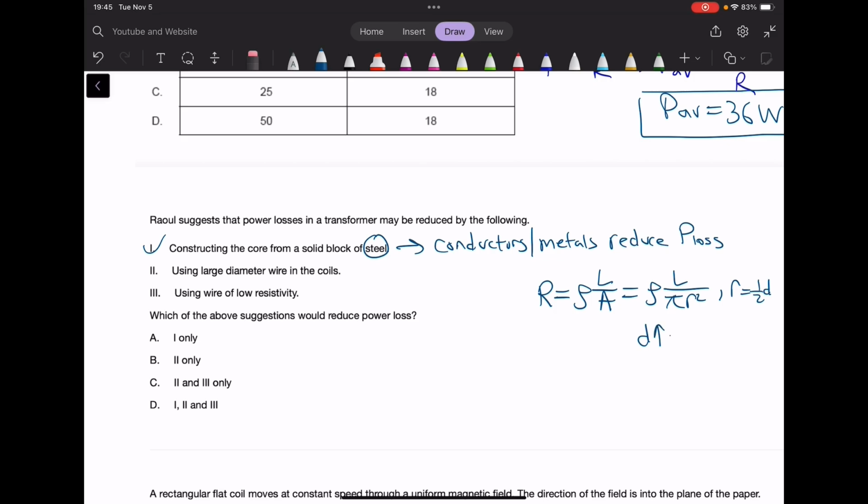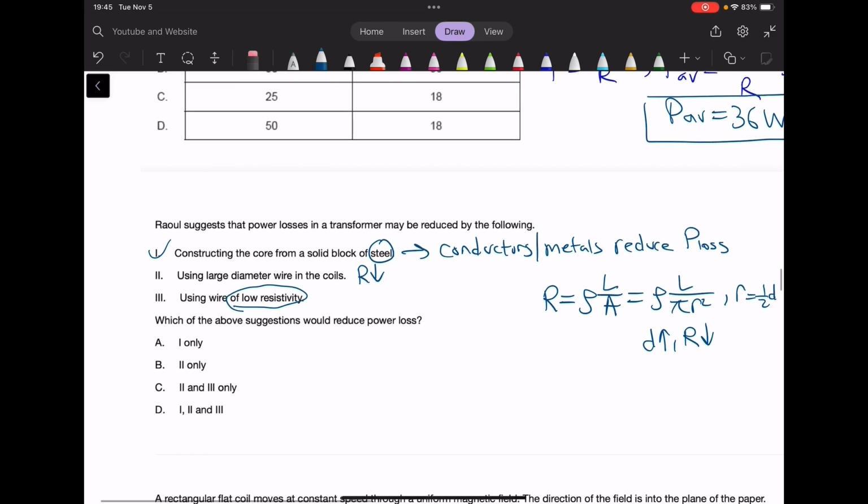So when diameter increases, resistance decreases, so power loss will be reduced. For the last option, if we use a wire with a low resistivity, resistance decreases, so power loss decreases. So the solution is D.